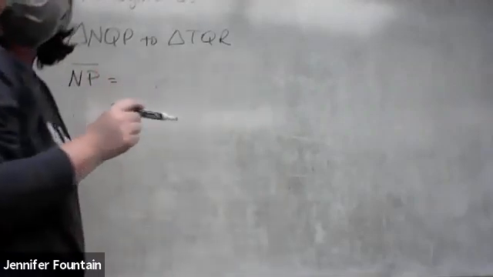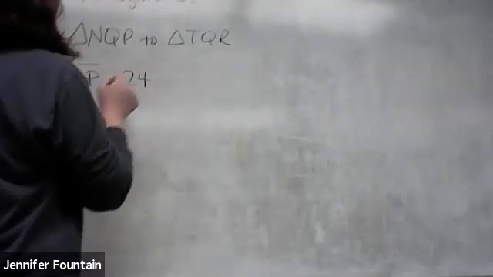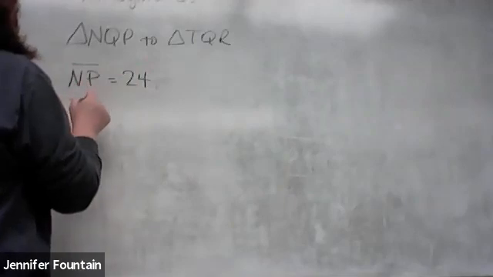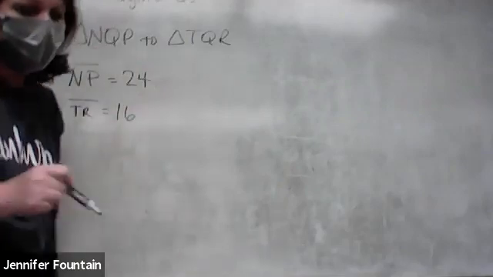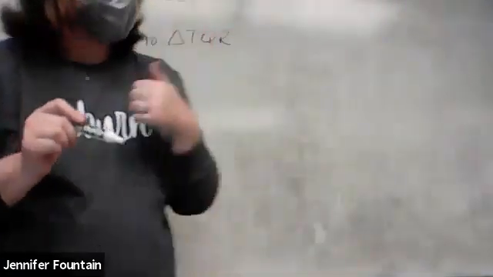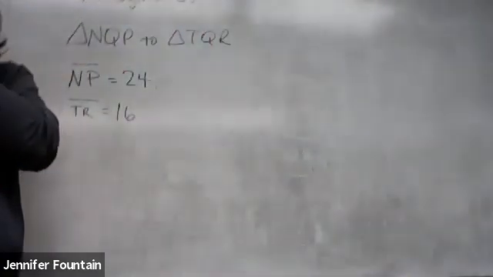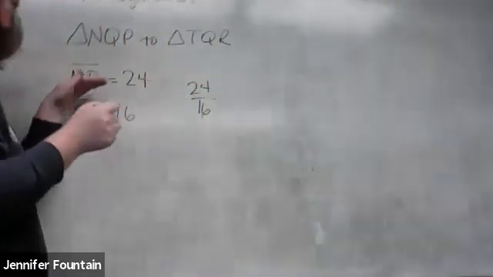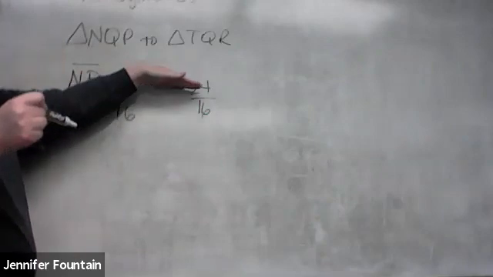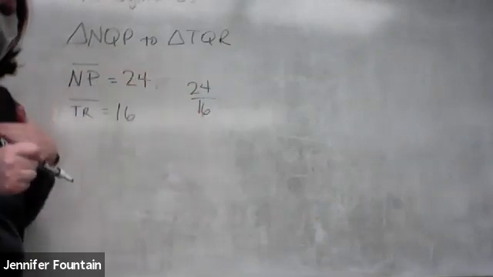Segment NP equals 24. And segment TR is equal to 16. Good. So how can I write that as a proportion? 24 over 16. Good. NP corresponds to TR, so 24 is my numerator and 16 is my denominator.